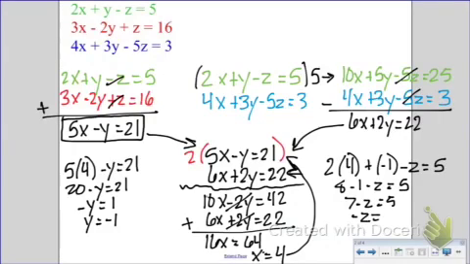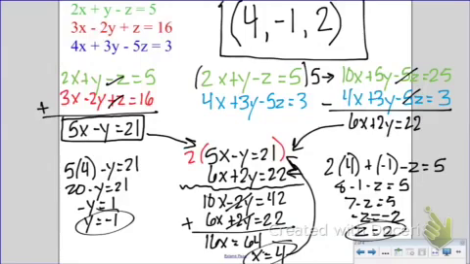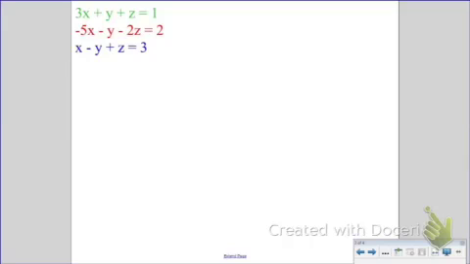Negative z is going to be equal to negative 2. And so finally z is equal to positive 2. So z is 2, x is 4, y is negative 1. So my final answer is 4, negative 1, 2. An ordered triple. That's my final answer.